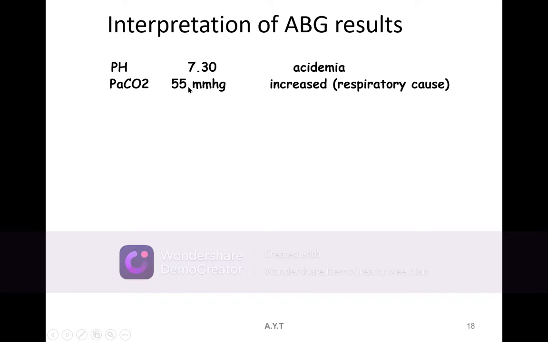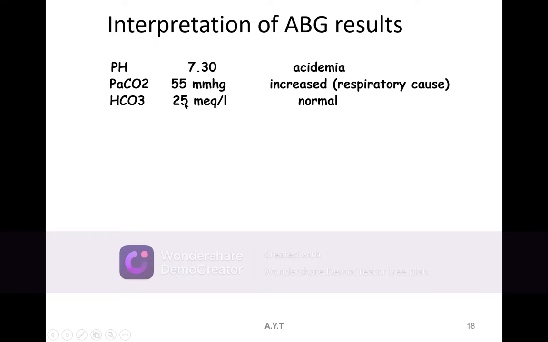PCO2 is 55 millimeters. Normally it is around 45 millimeters maximum, so it is on the higher side, an increased respiratory cause. The normal is 30 to 45, or 35 to 45. Bicarbonate level in most labs, not all, is 22 to 28.